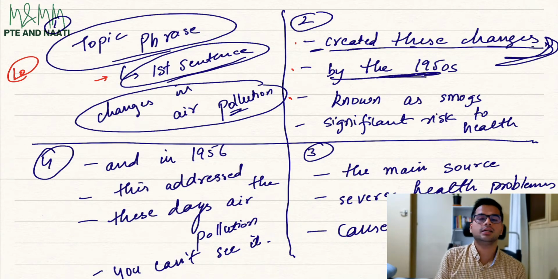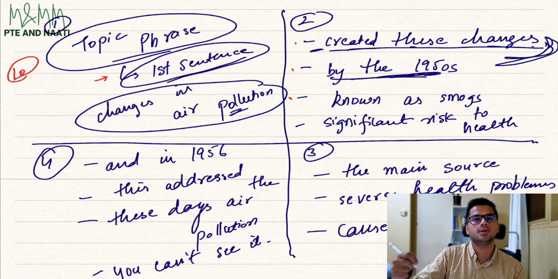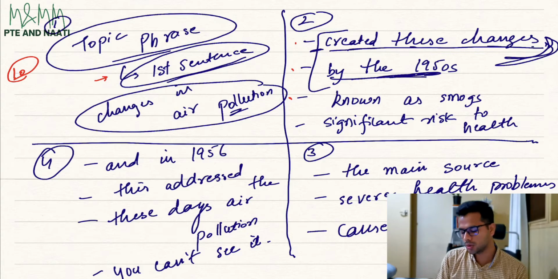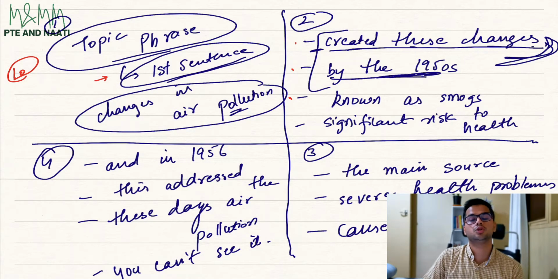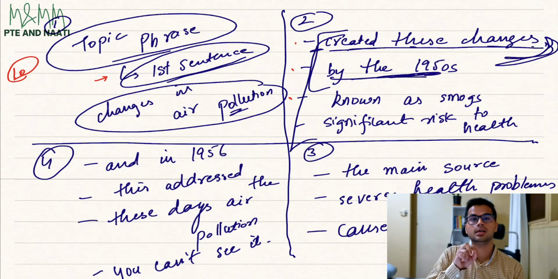One more funny thing, I'm not even going to combine these two phrases using any sort of connectors. When I speak out my answer, I'm just going to speak out these two phrases together without adding any connectors. Forget two phrases, all the four phrases that I've written, I'll speak them in one sentence. No connectors. It will be grammatically wrong, but then again, it doesn't really matter in the exam.